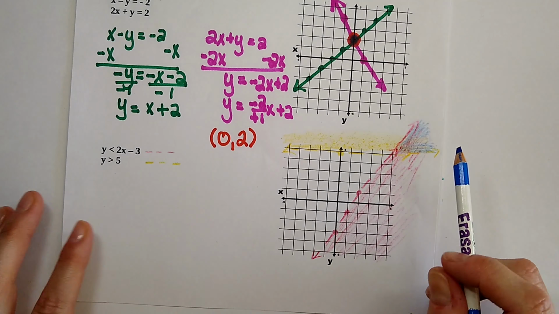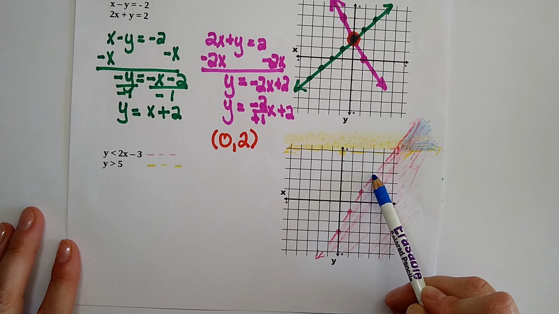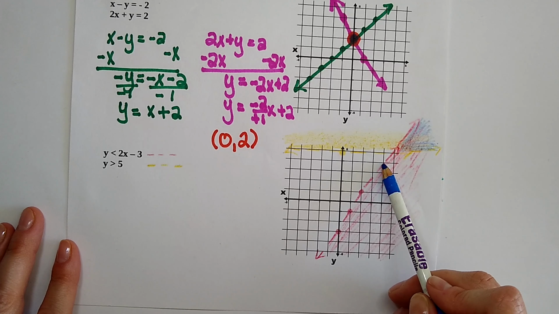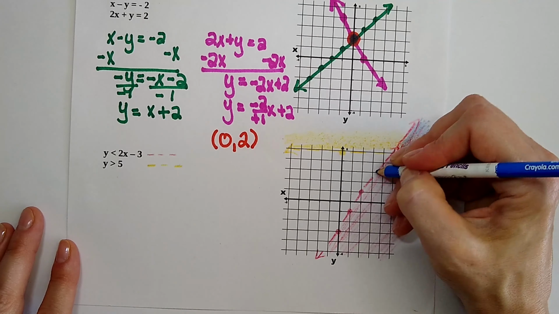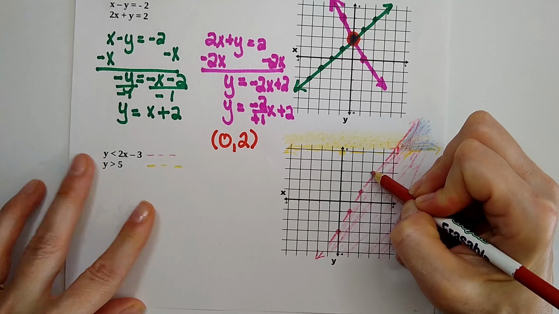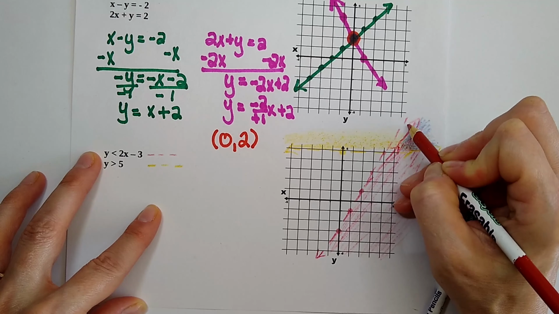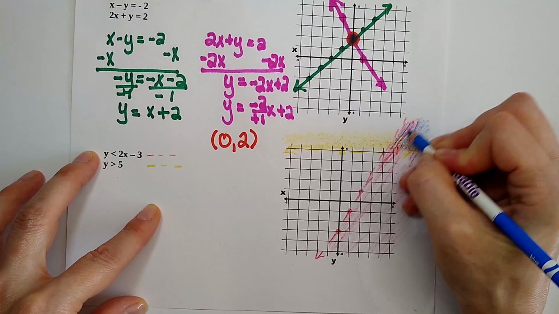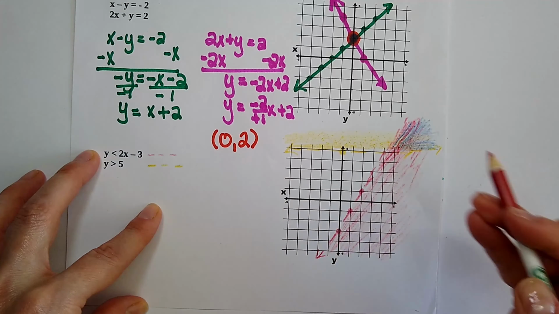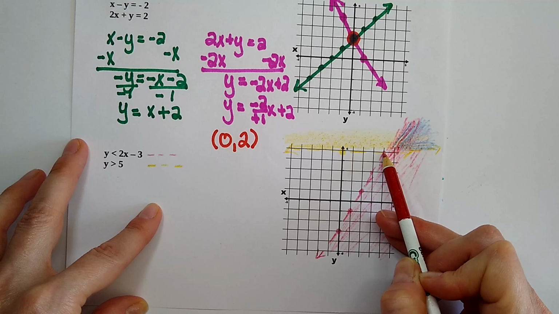And the reason why the intersection point is not as important here as it might be in other questions is because this is the intersection point, which I didn't draw mine very carefully, but this would be the intersection point right here if I had drawn my line a bit more carefully. Make it more accurate. But because they are both dashed lines, that point is not part of our solution.